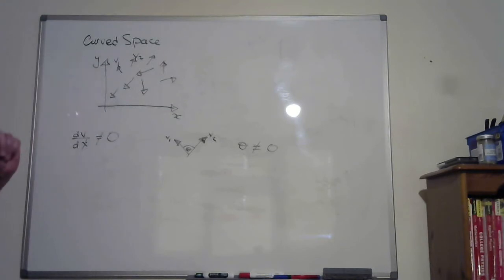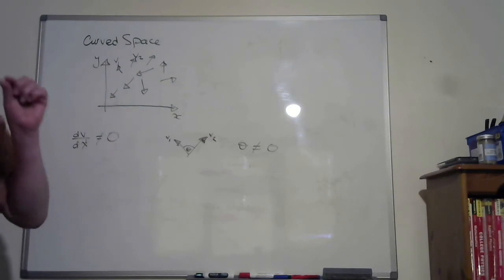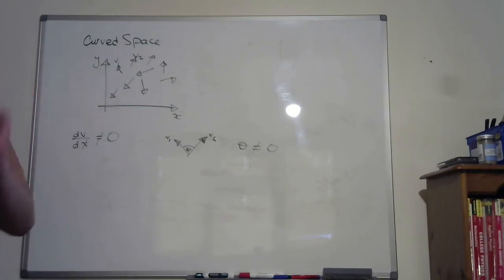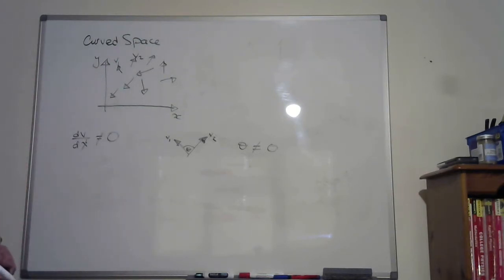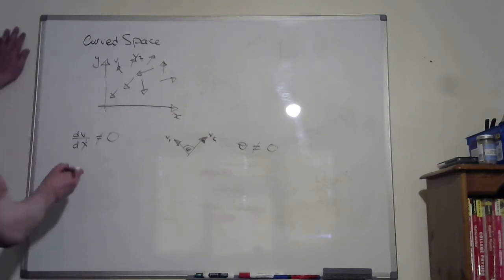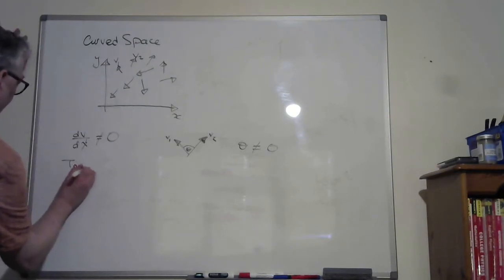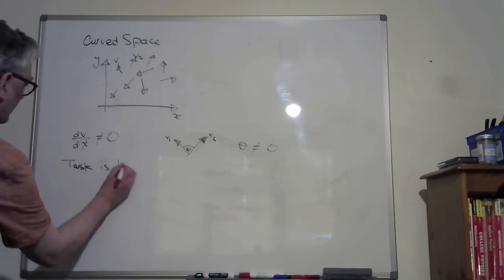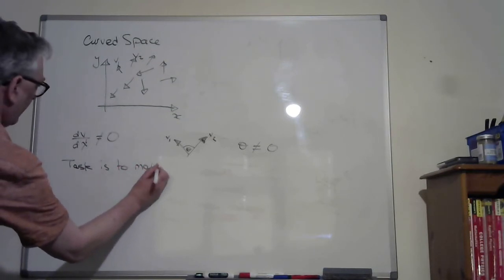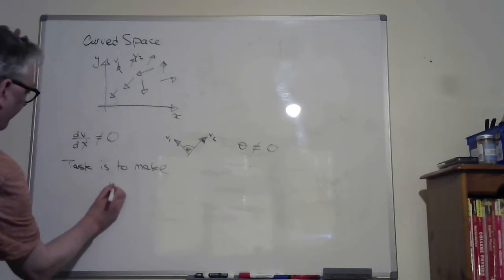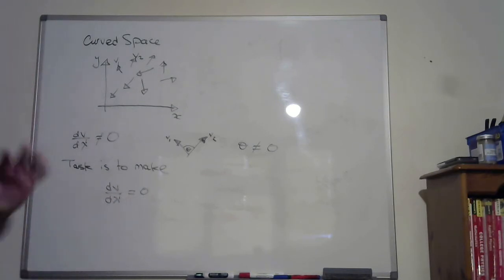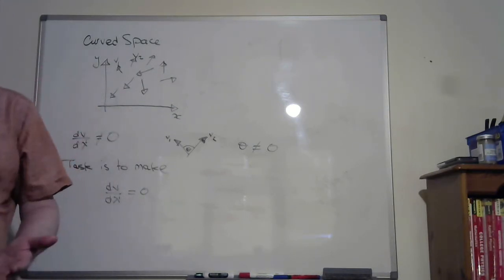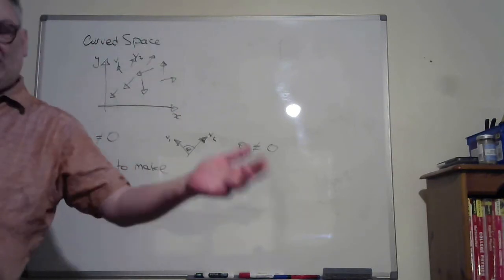And in general relativity, that's a problem if you want to find the straightest route, the most linear straightest route, which we call a geodesic. And the task, and I might as well say this now, is to make dv by d lambda I equal to 0 in the equations that we will subsequently get in the next lecture and the lecture after that and so on.